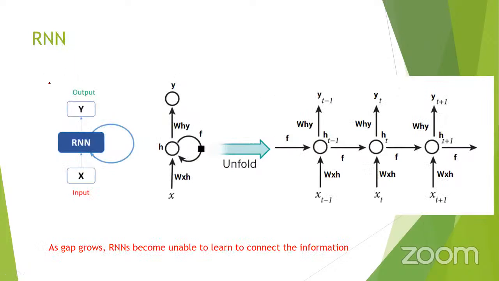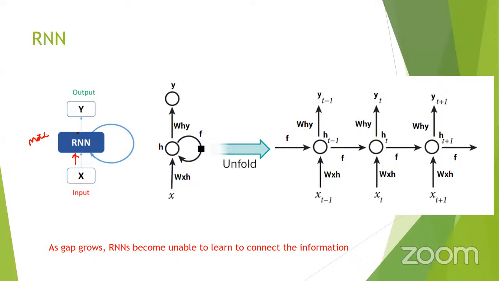So this is the basic structure of RNN. Here, if you see, I am passing my input inside my RNN, and it will perform some mathematical operations, right? I don't know what mathematical operation it is performing at the moment, but it will perform some mathematical operations on my input data.